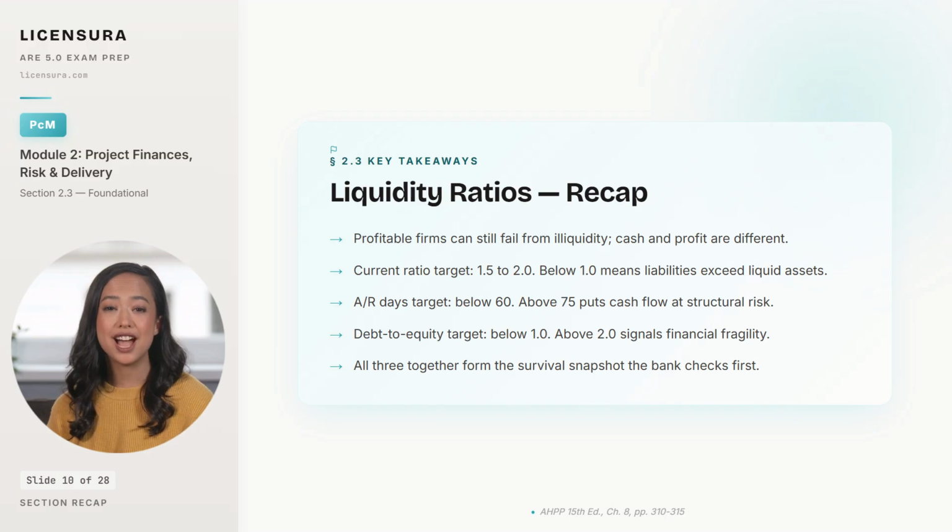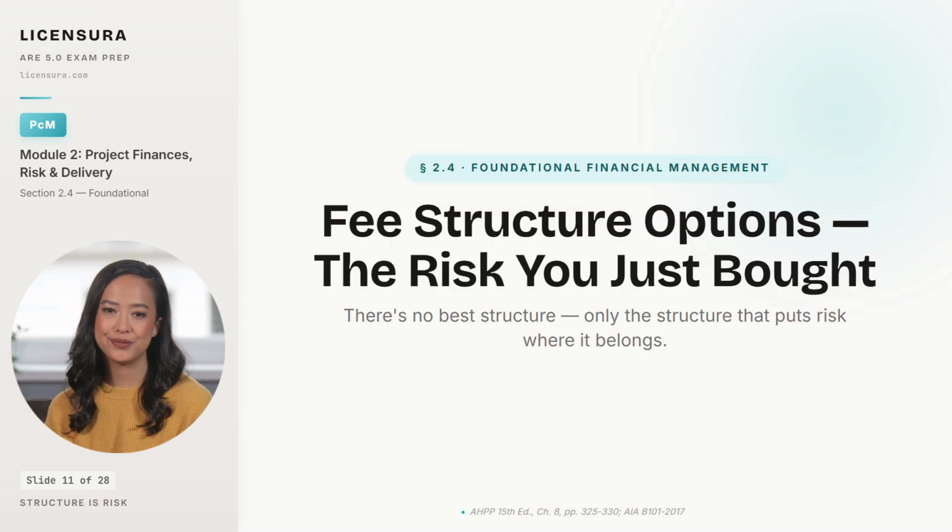Fourth, debt to equity should sit below 1. Above 2 signals genuine financial fragility that a single bad quarter can convert into a covenant breach. And taken together, those 3 ratios are the survival snapshot a banker, bonding company, or buyer will run before doing anything else with the firm.